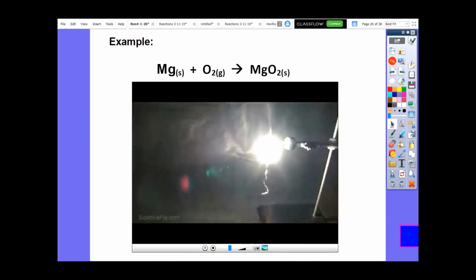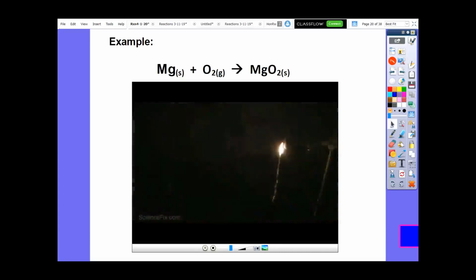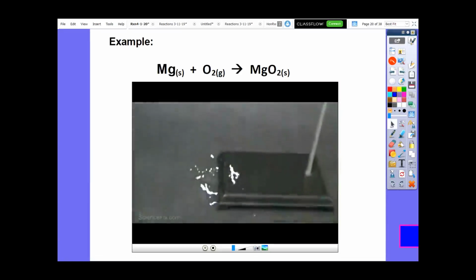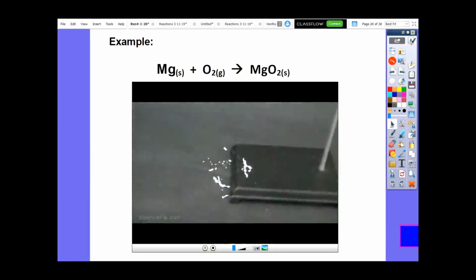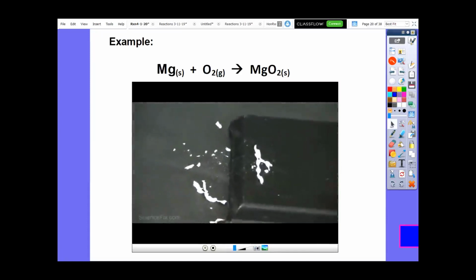So magnesium atoms are being bonded to the oxygen atoms in the air to form that magnesium oxide product. Now we have an up-close look at the magnesium oxide. You can see it has a white color. That's one of the properties. And you can see it's very brittle. Basically, it's going to turn into a powder if you touch it.